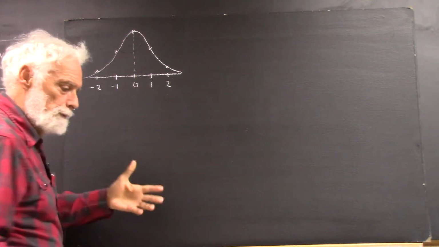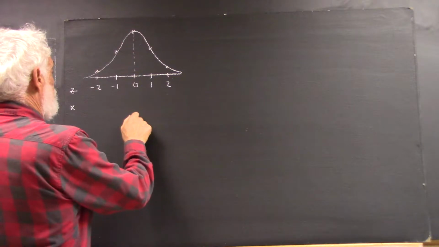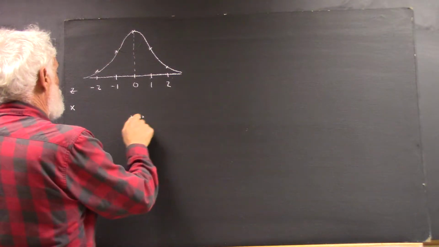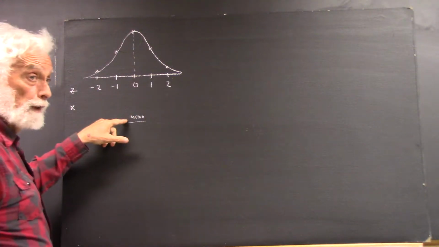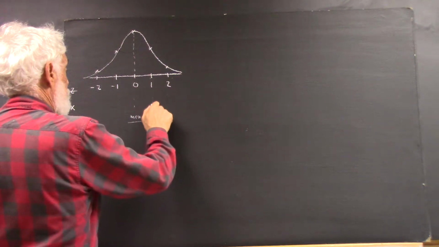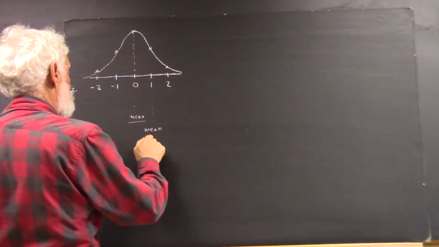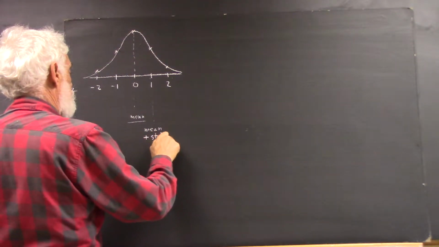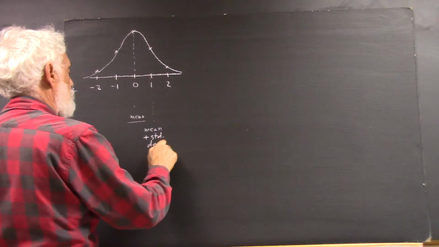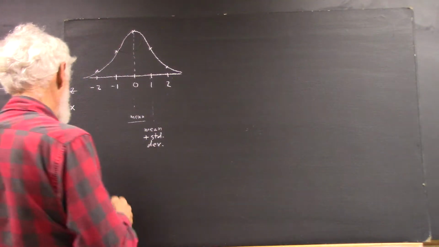I don't want to go through all the detail on this, but at the middle, the value of x would be the mean value of x. At z equals 1, that would be the mean plus the standard deviation, and this would be the mean plus 2 standard deviations and so forth.